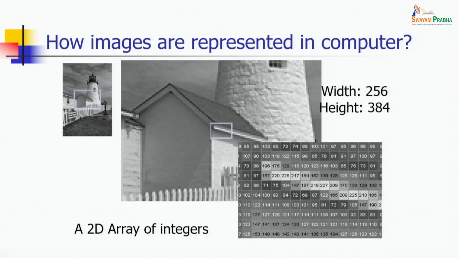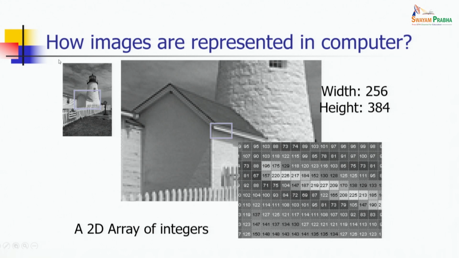Since it is a representation as an array, you should know the size of the array for which this image is displayed. For example, if I consider this full image, its height is across this dimension.